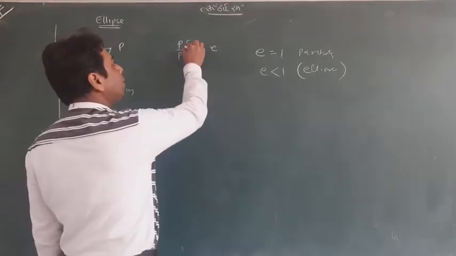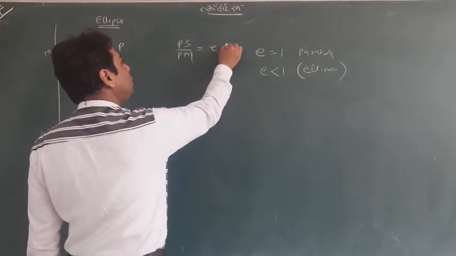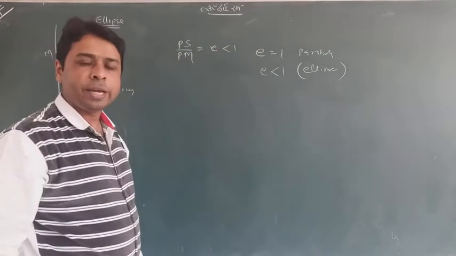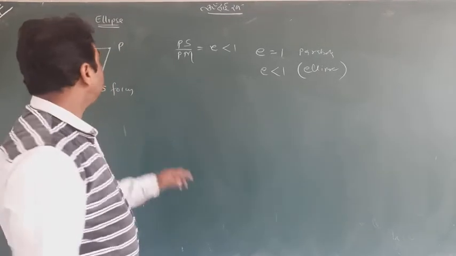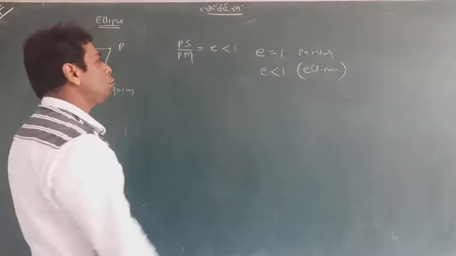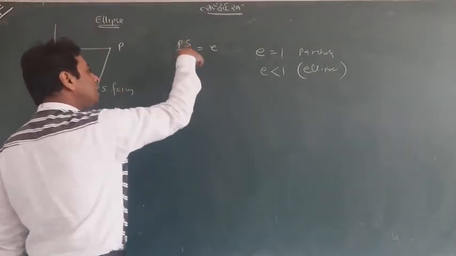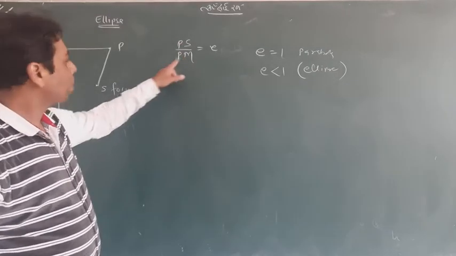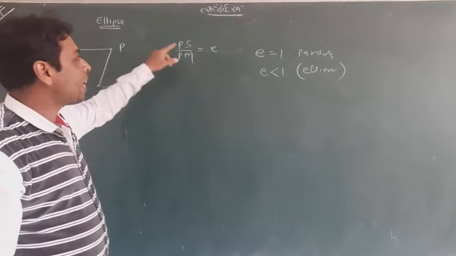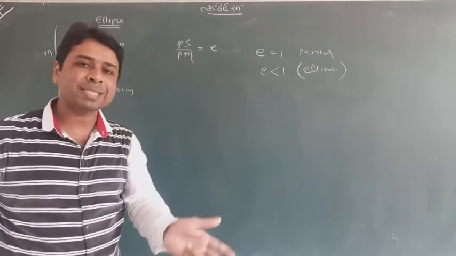When PS upon PM equal to E and E is less than 1, it will give you the equation of the ellipse. Keep in mind, students, in this case PS is smaller than PM, and only then PS upon PM comes less than 1.